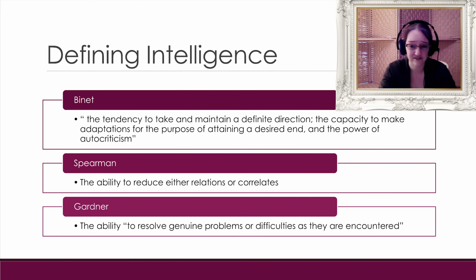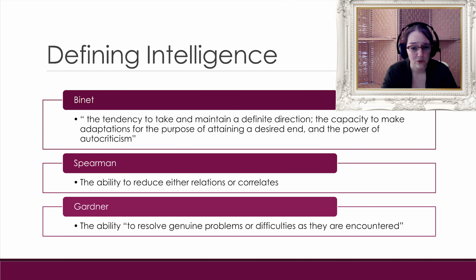So there's a couple of different definitions, from Binet and others, and I've just reproduced them here. Binet: the tendency to take and maintain a definite direction, the capacity to make adaptations for the purpose of attaining a desired end, and the power of autocriticism. Spearman: the ability to deduce either relations or correlates.